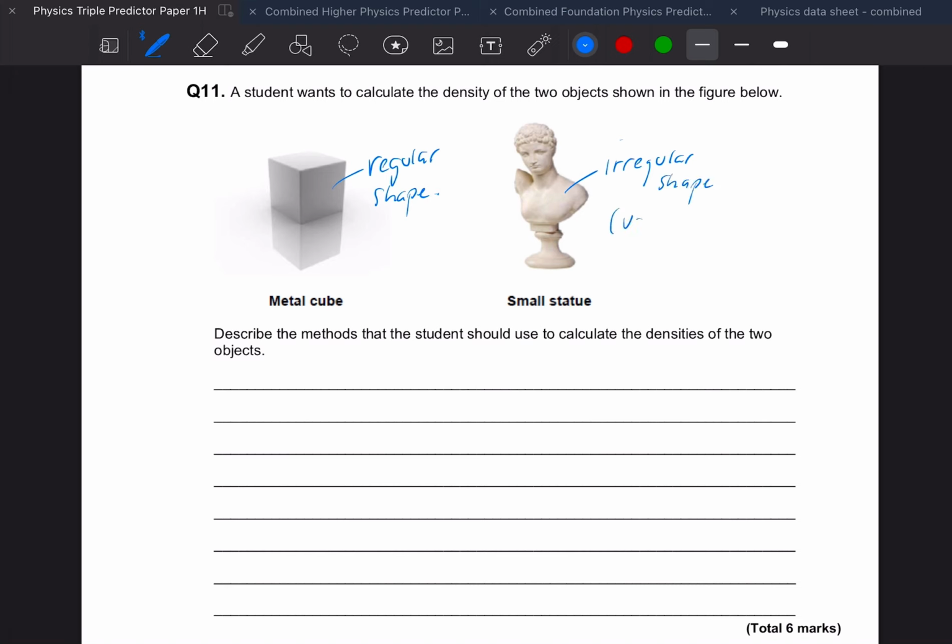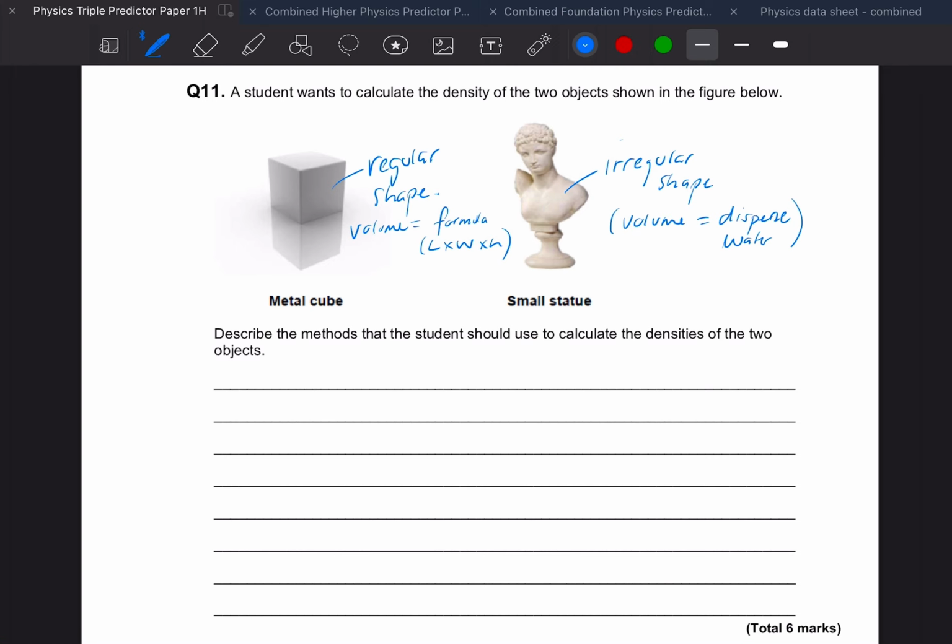So we must put the volume must be disperse water. So some kind of method to disperse the water, whereas this one, the volume, is gained from a formula. And in this case, it's a cube, so it's length times width times height.